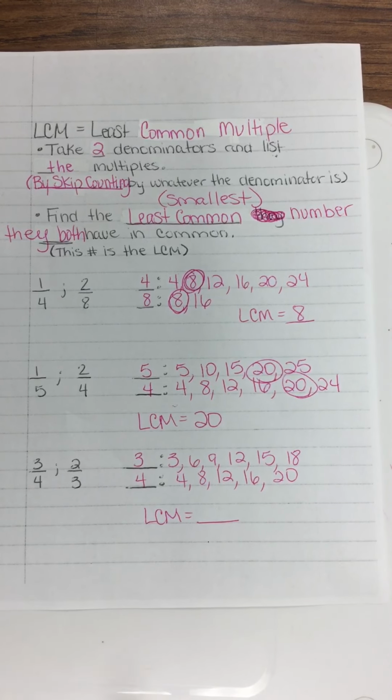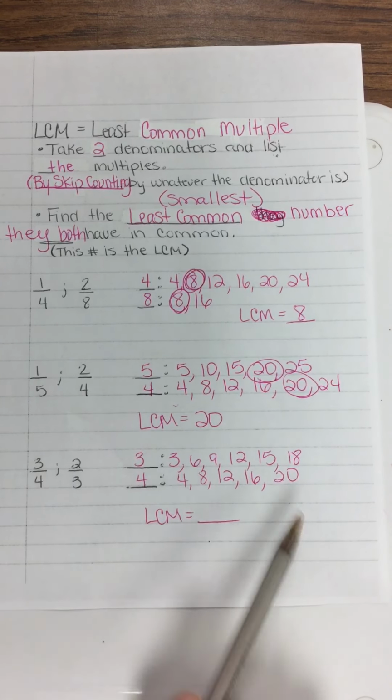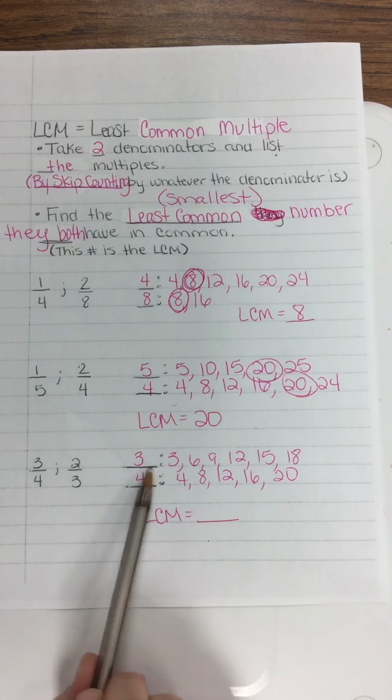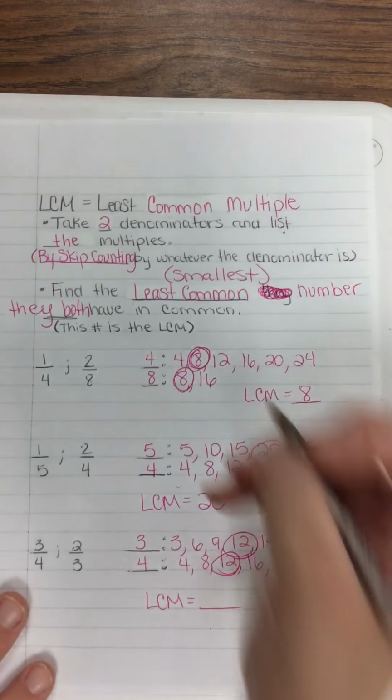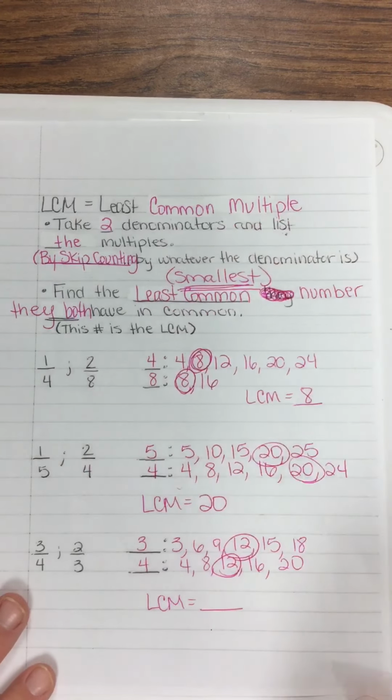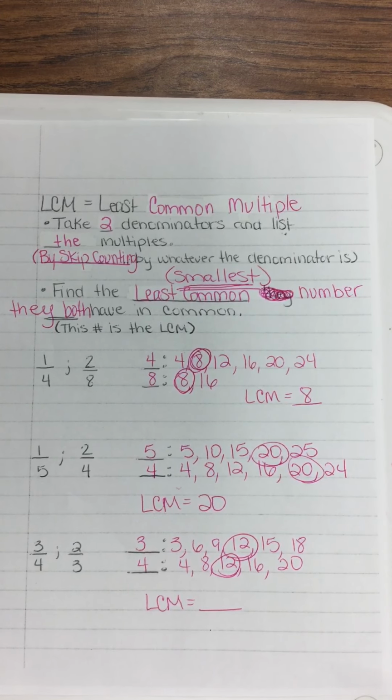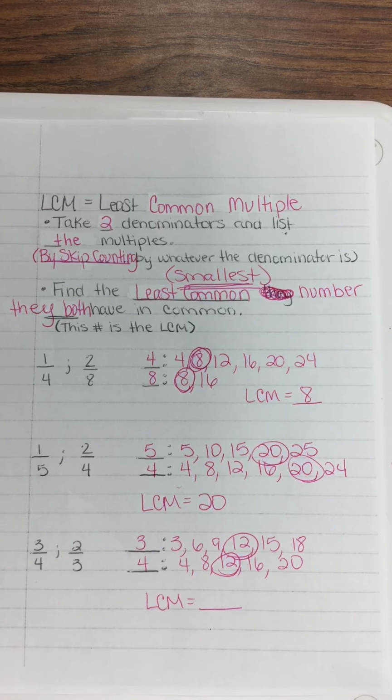Okay, so to find the least common multiple, we use the two denominators and we skip count, and find the smallest number that they both have in common. But it has to be the smallest number. The LCM has to be the smallest.